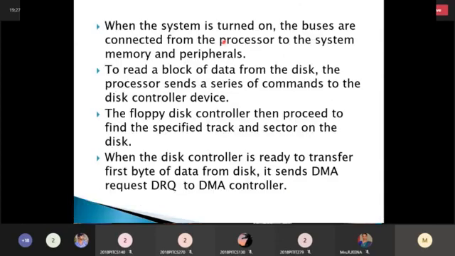So when the system is turned on, what happens? The buses are connected from the processor to the system memory and peripherals. To read a block of data from the disk, the processor sends a series of commands to the disk controller device. The floppy disk controller then proceeds to find the specified track or sector on that particular disk, whether to read or to write. When the disk controller is ready to transfer the first byte of data from the disk, it sends the DMA request, that is DRQ, to the DMA controller.